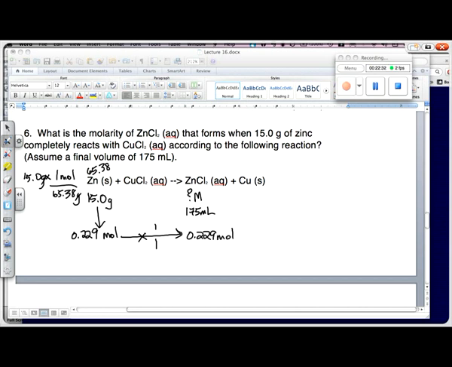And to get molarity, I am going to take those moles and divide by the volume in liters. 175 milliliters times 1 liter is 1,000 milliliters, moving the decimal 3 places, so 0.175 liters. That gives 1.31 molar. Big M.